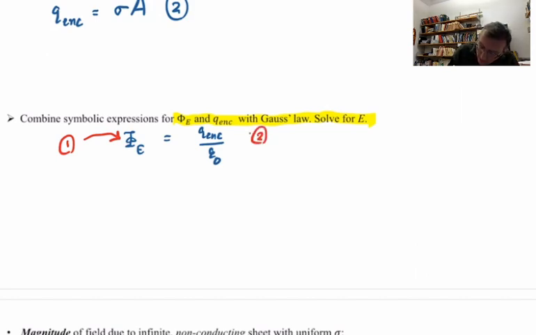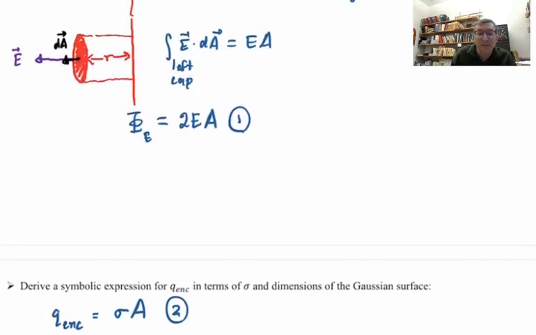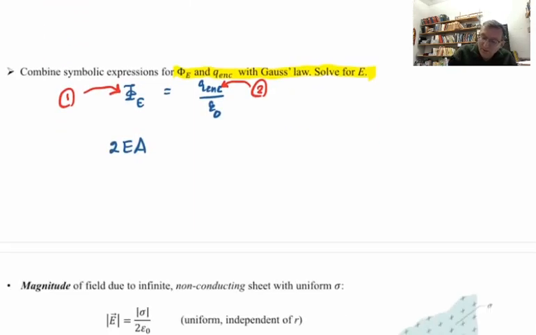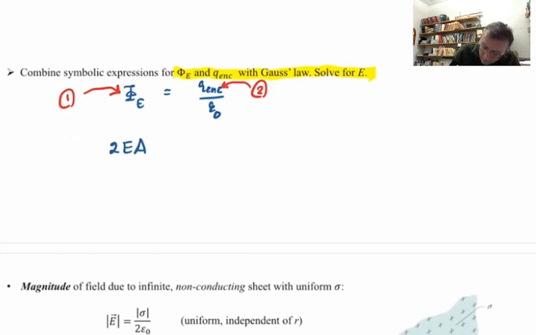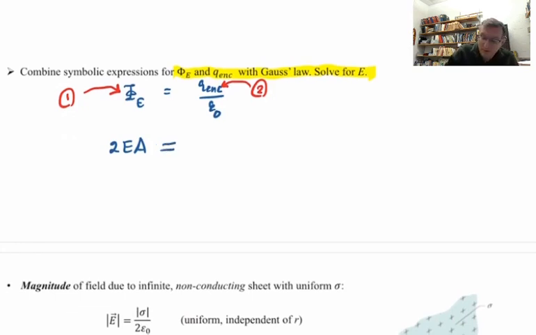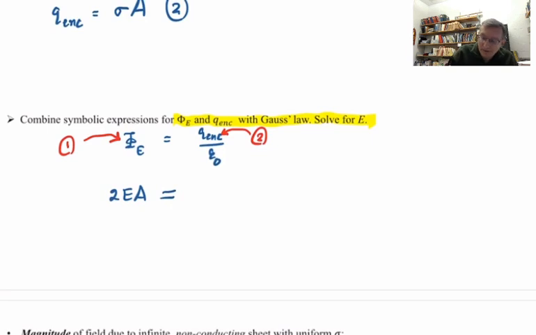And equation 2, the symbolic expression for Q enclosed, in there. So we get 2EA, right? That's equation 1. See it? Equals. From equation 2, sure you can see it right there. For the Q enclosed, we write sigma A, and that's divided by epsilon 0.